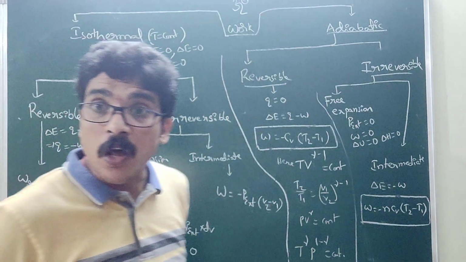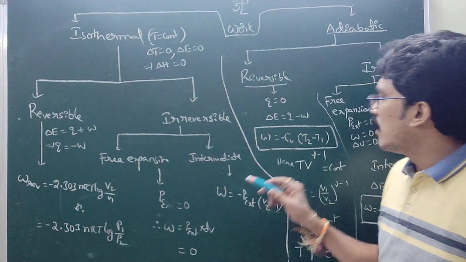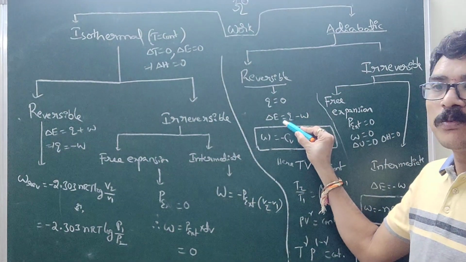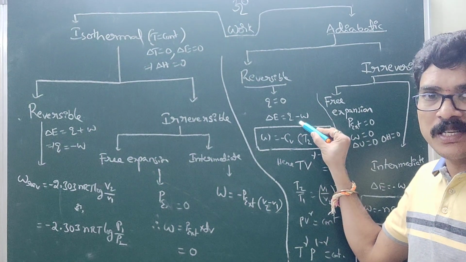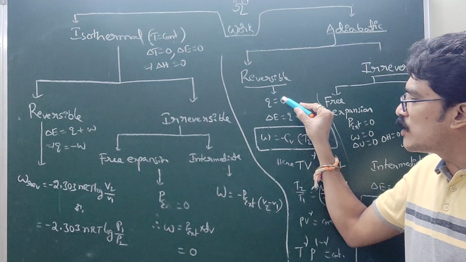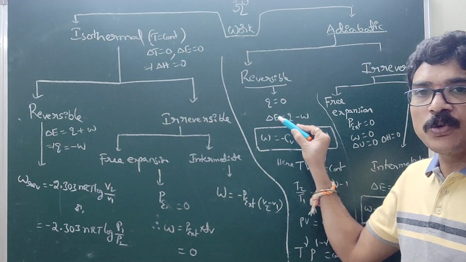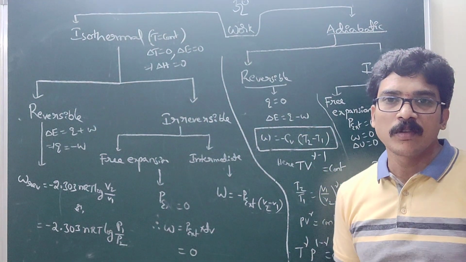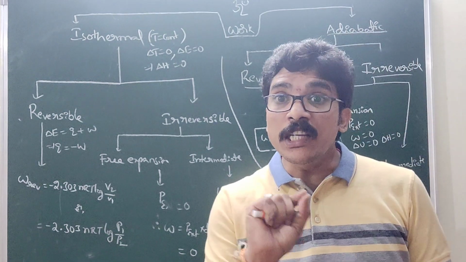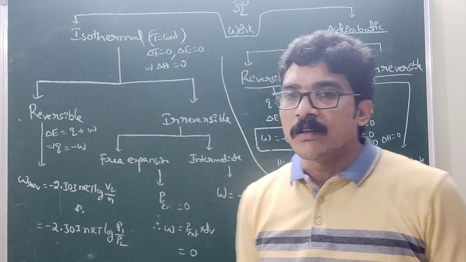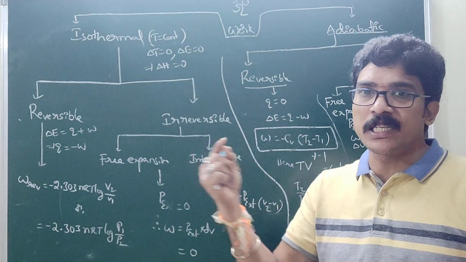0. Now according to the first law, delta E is equal to q minus W. Then q is 0, then W is equal to minus delta E. According to the concept of heat capacity, delta E formula is nCv into T2 minus T1.